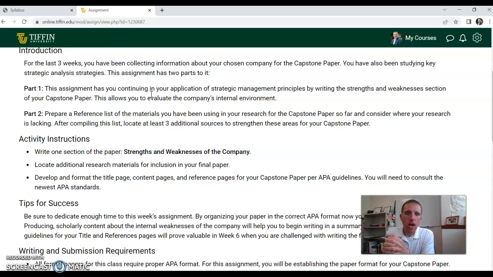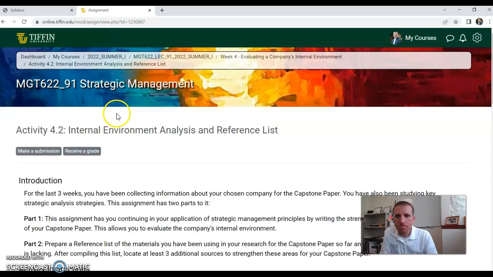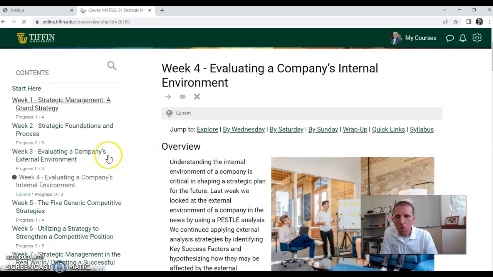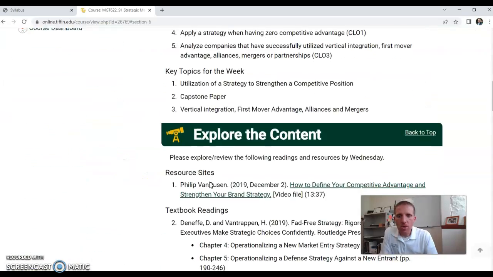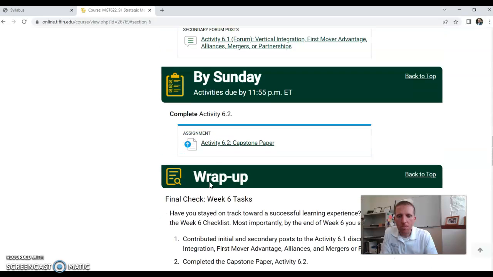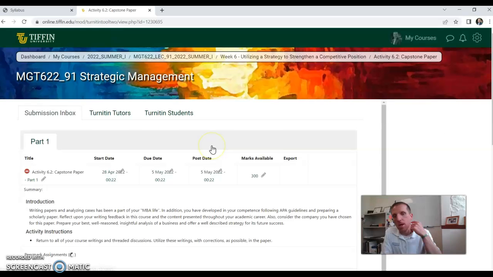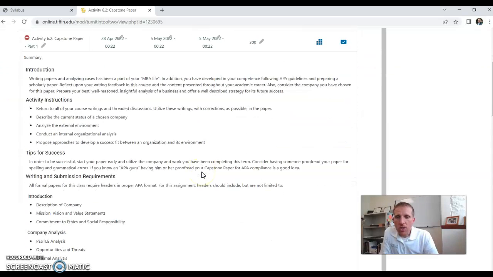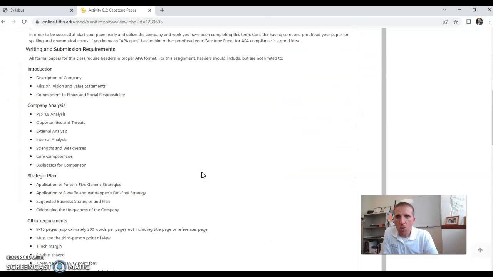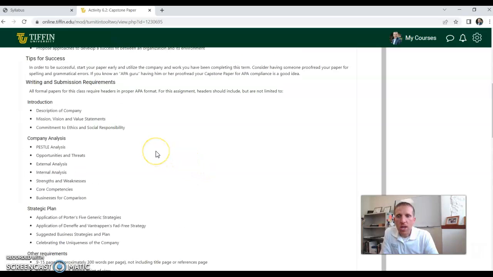So this is what I'd like you to do for part two specifically: let's go into week 6 in the course, and that's where we'll find the requirements for the capstone paper, okay? So here are the details in week 6 of what we actually need to do with regards to the capstone paper.